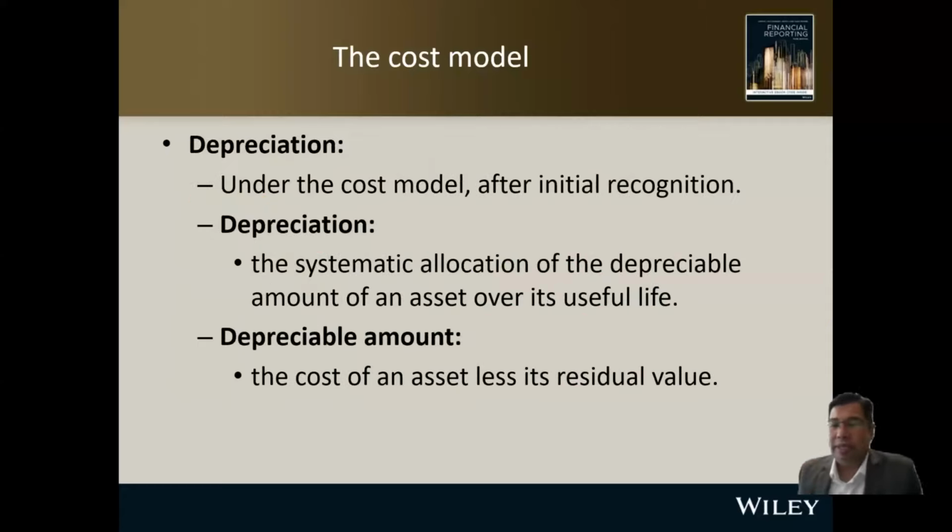So we have depreciation. Under cost model, we have depreciation. So what is depreciation? Depreciation is just a systematic allocation of the depreciable amount over the asset's useful life. For example, if you have a delivery van that you purchase at a price of 50,000 and this asset can be used for 10 years.